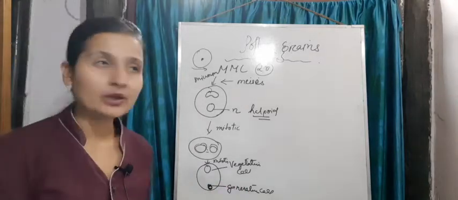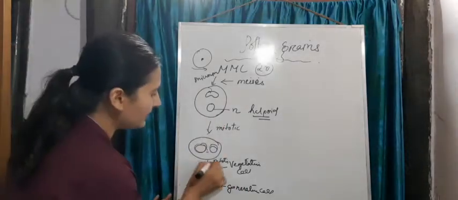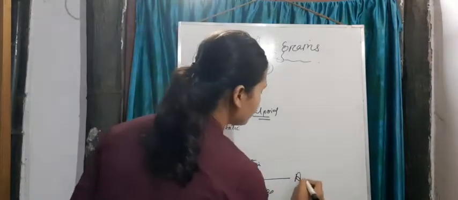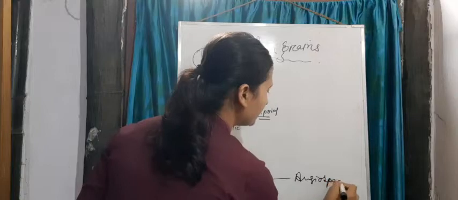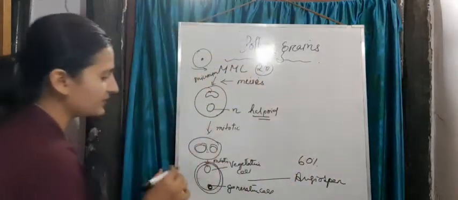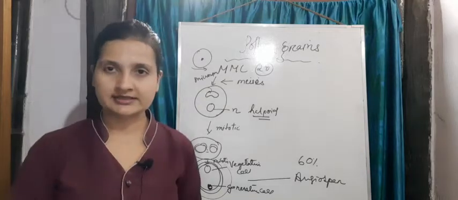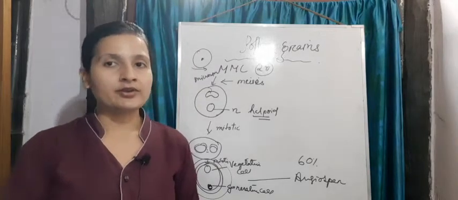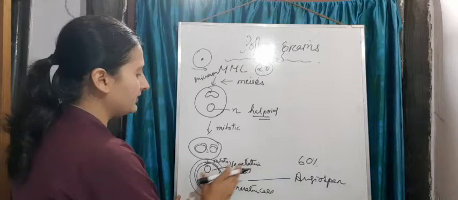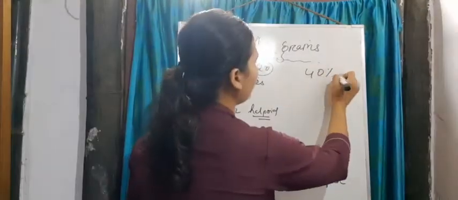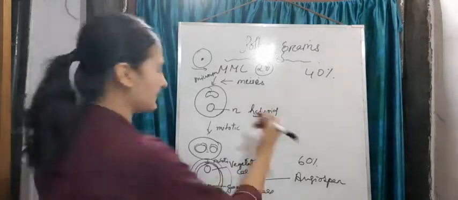So this is how the pollen grain develops in 60% of angiosperms. Now, if 60% developed into pollen grain at this stage, what about the 40%? In 40%, mitosis takes place again.